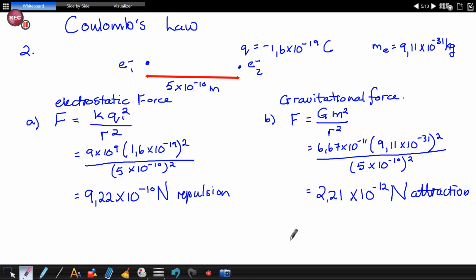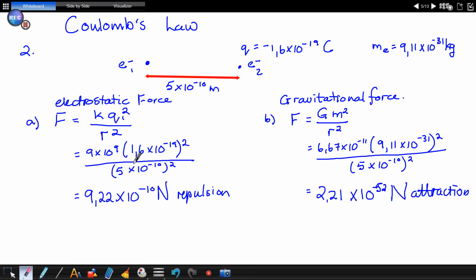So it's 6.67 exp negative 11 times 9.11 exp negative 31, that must be squared, divided by 5 exp negative 10, that must be squared, equals 2.21 times 10 to the minus 52 newtons. And it's gravitational force, always attraction.